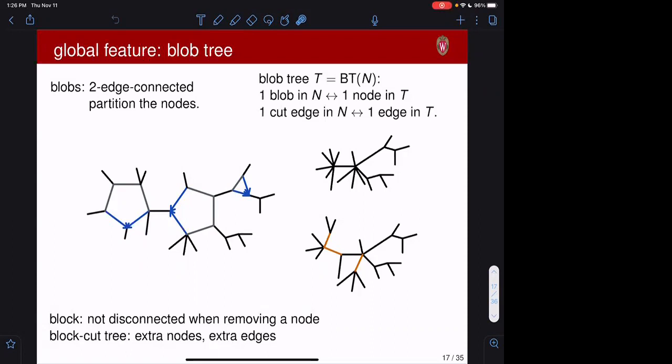But for this particular example, the block cut tree, after we remove degree 2 nodes, we would have an extra edge here that corresponds to this cut node, and we have an edge here that corresponds to this cut node. So in a way, it separates the polytomies that are adjacent to the blobs.